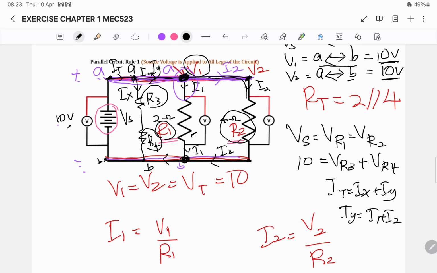And here is I1 plus I2 again. And back here is I total for everything.